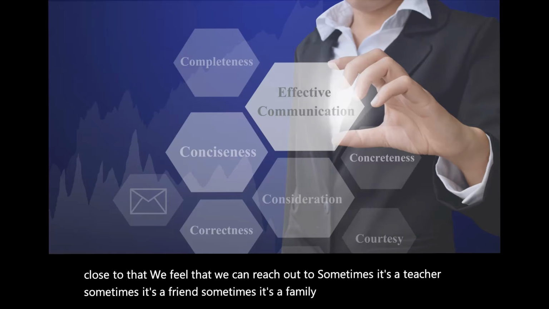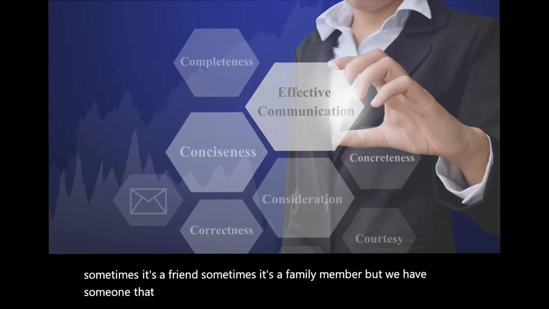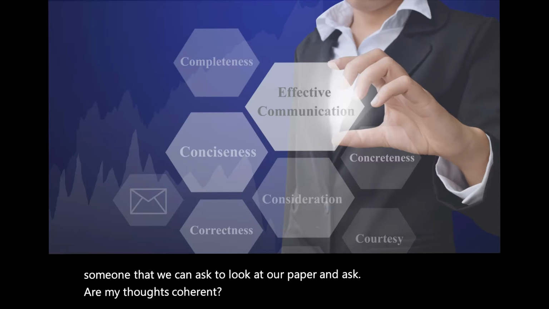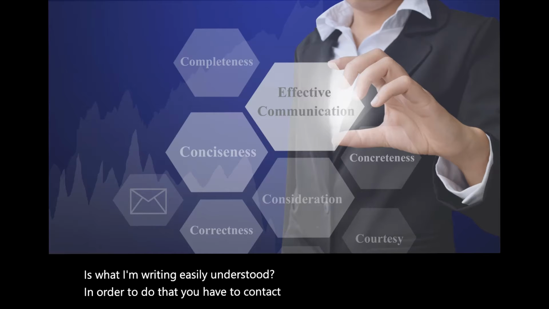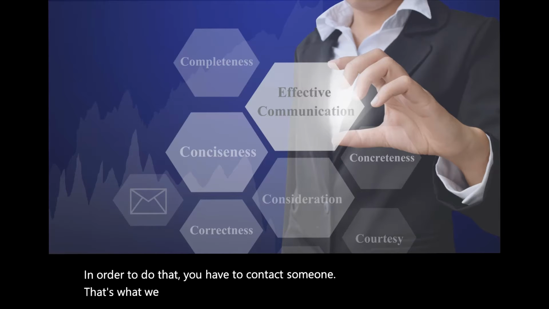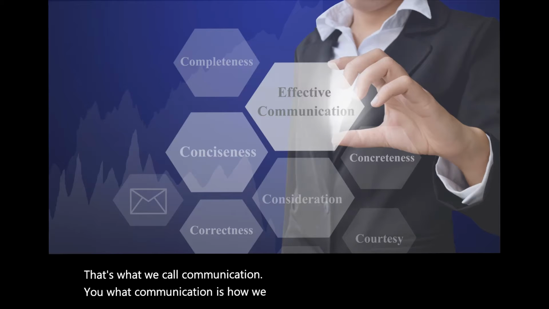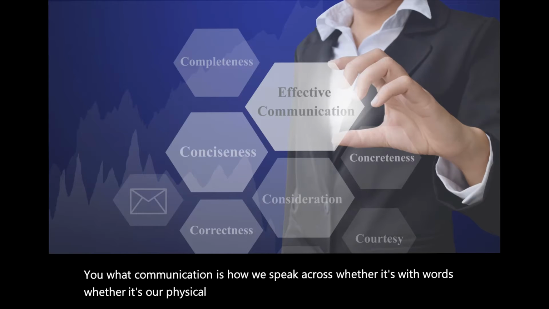But we have someone that we can ask to look at our paper and ask, are my thoughts coherent? Is what I'm writing easily understood? In order to do that, you have to contact someone. That's what we call communication. You know what communication is, how we speak across, whether it's with words, whether it's our physical motions, our body language, our actions, we're communicating.